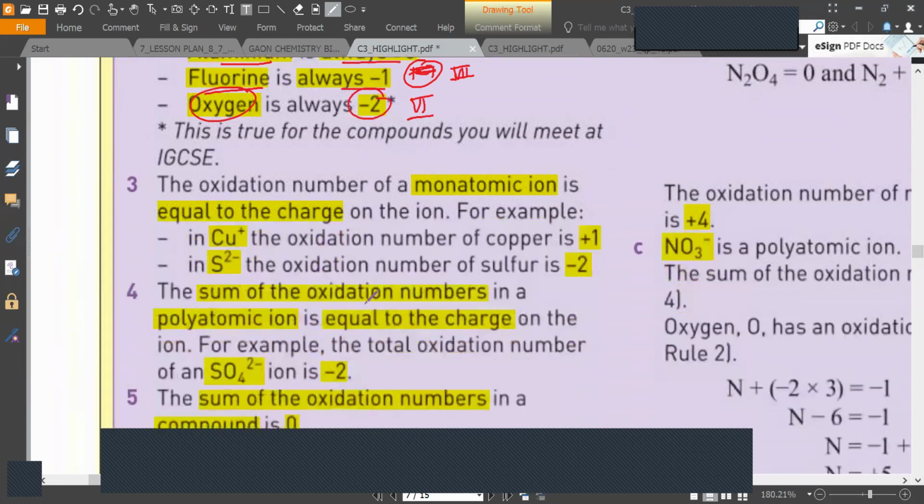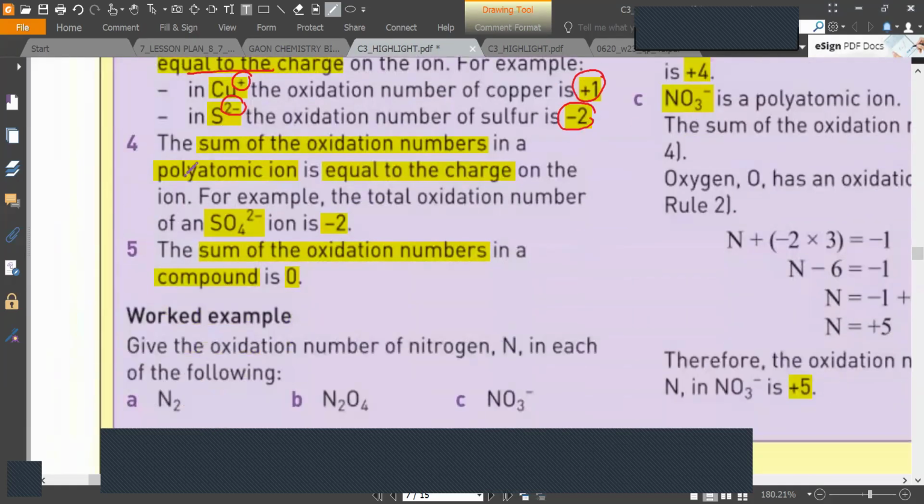A monoatomic ion's oxidation number is always equal to its charge. Copper +1 has oxidation number +1, and sulfur 2- has oxidation number -2. A polyatomic ion's oxidation number total is equal to its charge. For example, SO4 has a total charge of -2. For a compound, say sodium chloride, +1 and -1, the total is 0.